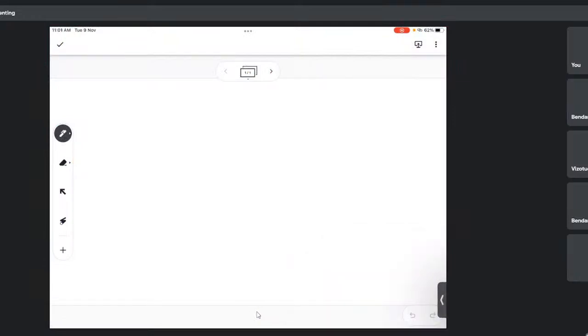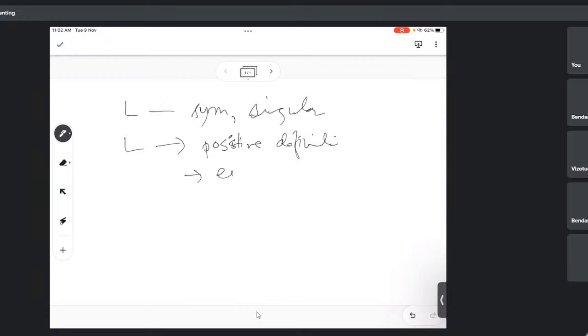So basically, we know that the Laplacian matrix L is symmetric and it is singular. Also L is a positive semi-definite matrix. So from this, what you can say is that all the eigenvalues are non-negative.